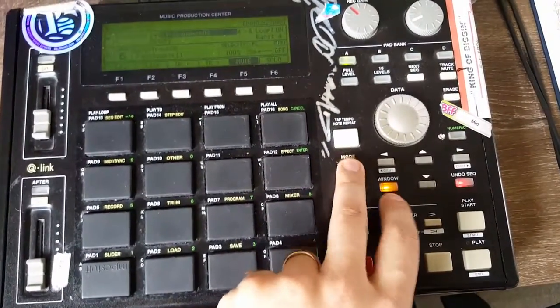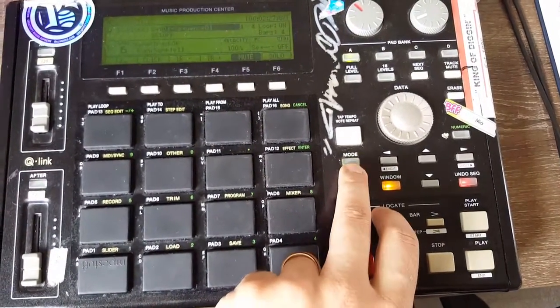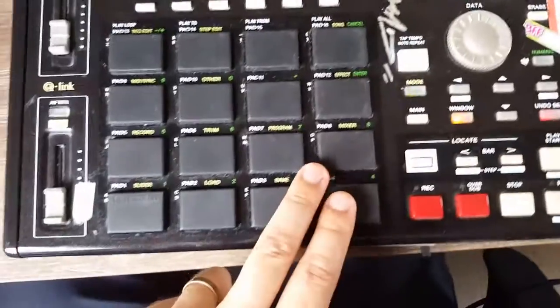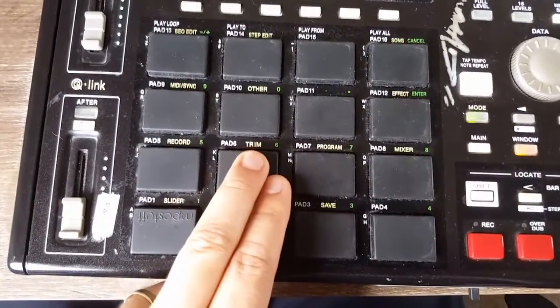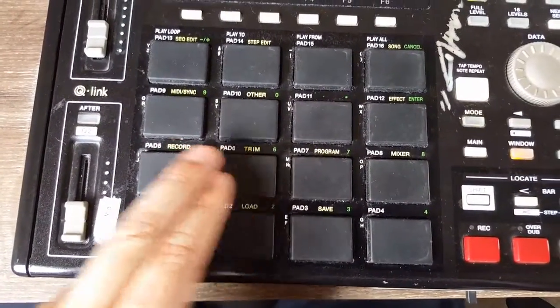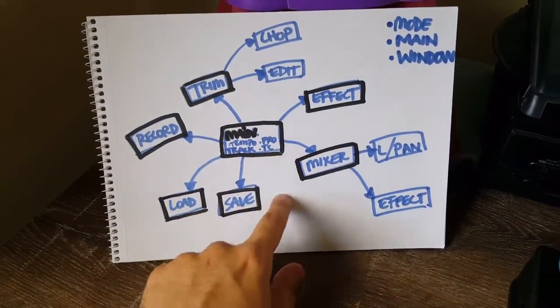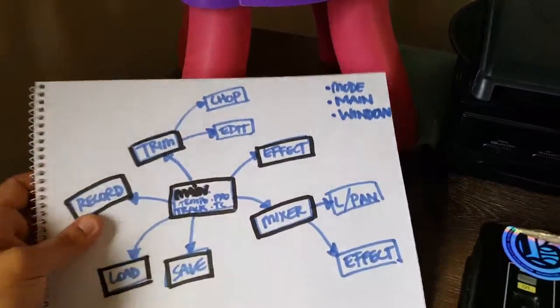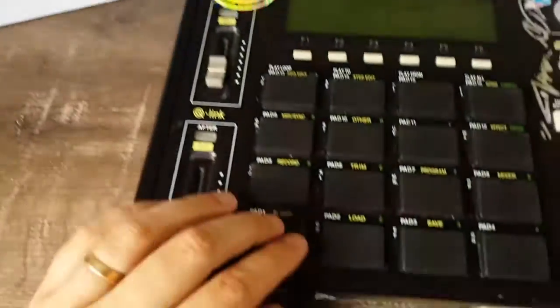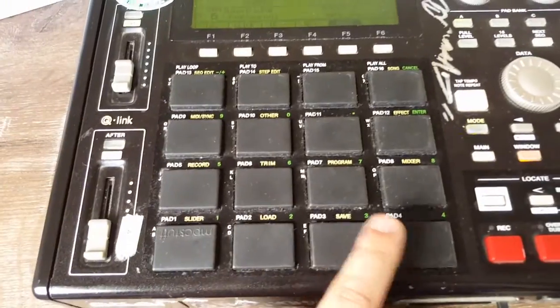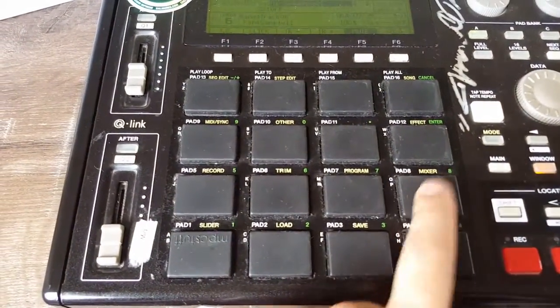The mode button, it starts flashing green. You see these pads, how they've got this writing in yellow, trim, record. That is the map. This map that I gave you guys, that I explained, that goes right around, effects and all that. They're all assigned to pads, save, mixer and all this.